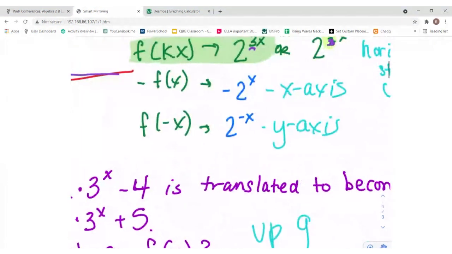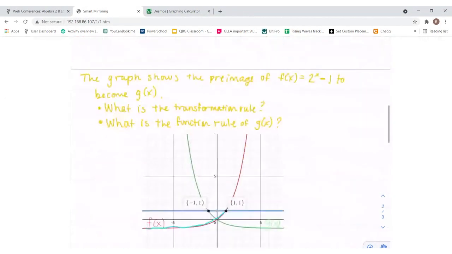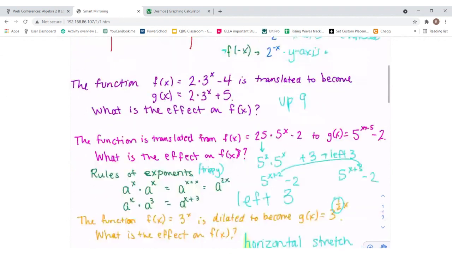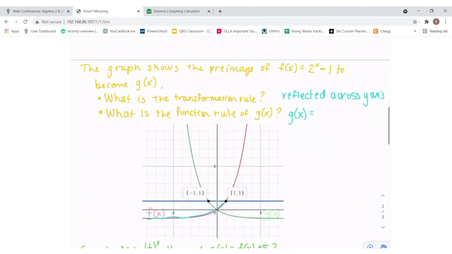So the function rule was reflected across the y-axis. And then the function rule would be just g of x is equal to, and let's see, reflecting it across the y-axis means I need to put the negative with the x. To be equal to 2 to the negative x minus 1.